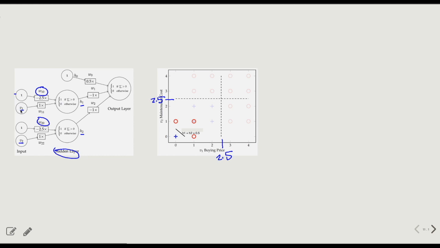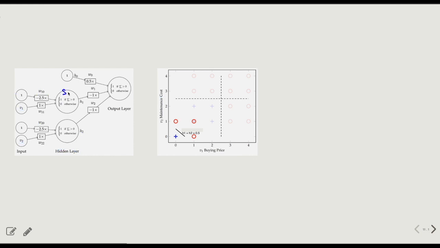Let's look at V1 first. So here it says V1, and then the weight for V1 is 1. And then there is a bias variable with value always 1, and the weight is minus 2.5.